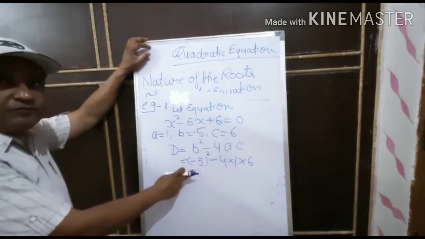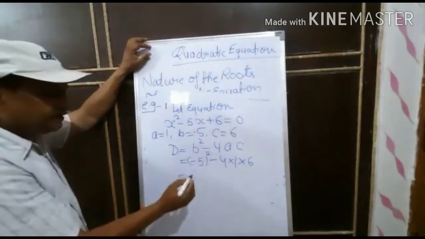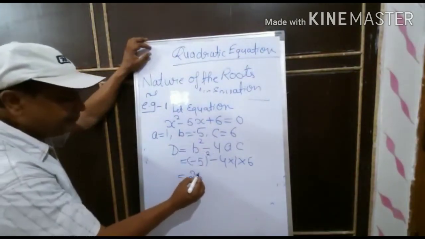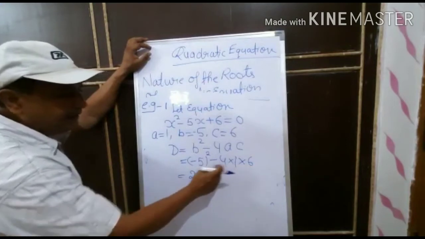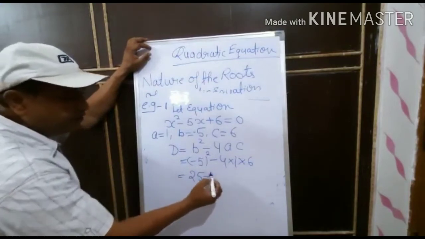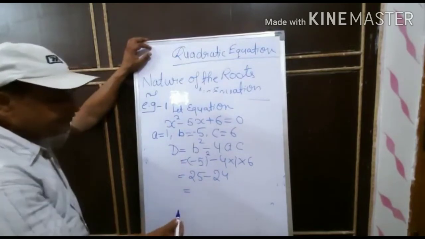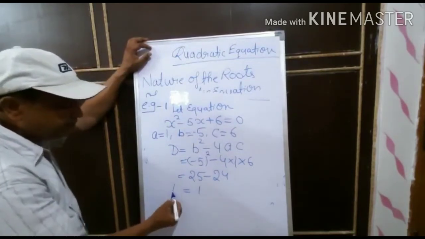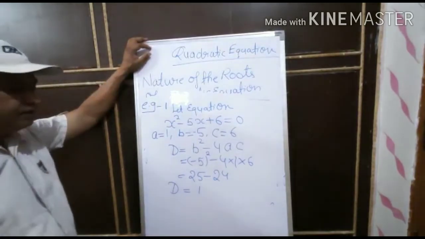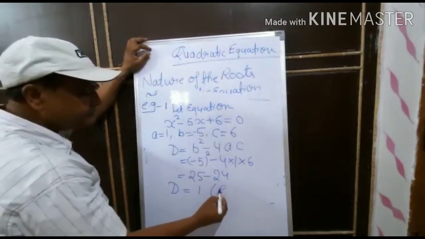Square of negative becomes positive, so 5 square is 25, sign becomes positive, and multiply these numbers, 6 4s are 24. Subtract these two numbers, it is equal to 1. D is equal to 1, it means it is positive.